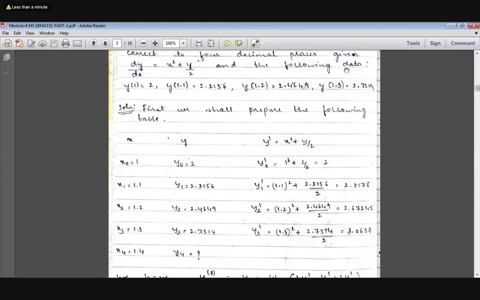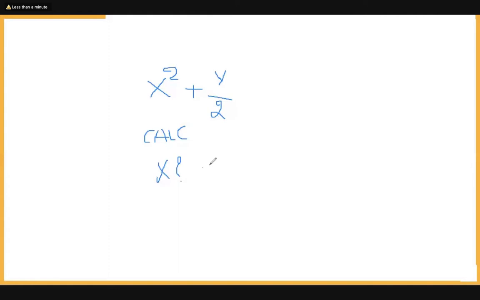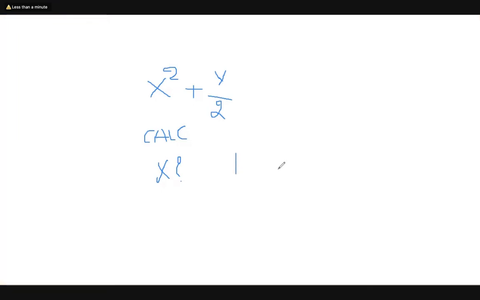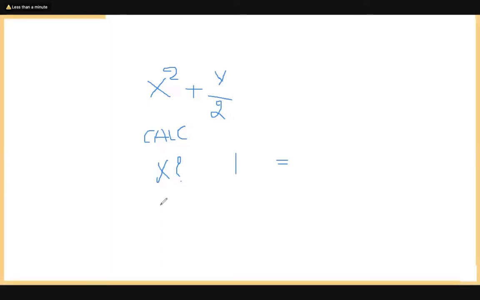Give x1, 1, then equals. It will ask y question mark. Then press 2, press equals. Okay, it will show the answer.